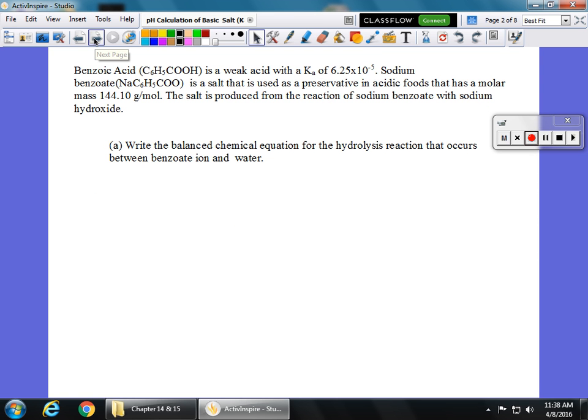Starting at the beginning, write the balanced chemical equation for the hydrolysis reaction that occurs between benzoate ion and water. Benzoate ion is C6H5COO minus, right? That's coming from the sodium benzoate. We're going to be reacting that with water.